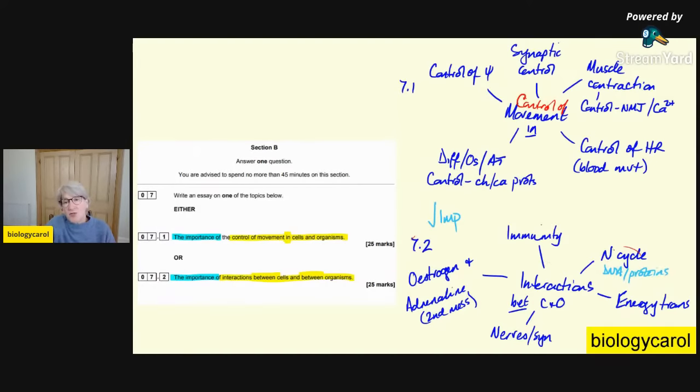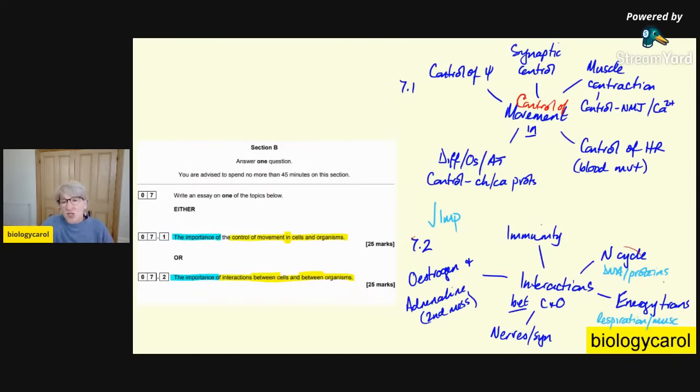So here, nitrogen cycle, I know that I can go into the whole thing about nitrogen being needed to make DNA and proteins, and therefore it allows DNA replication and cell division, or proteins, enzymes. You're suddenly mining another part of your knowledge to A-level standard.